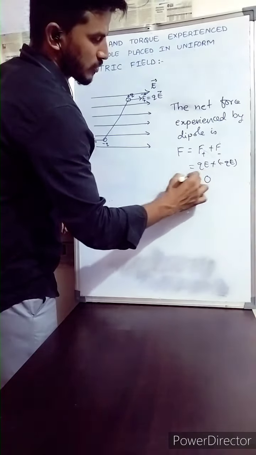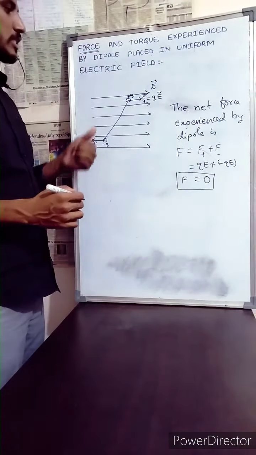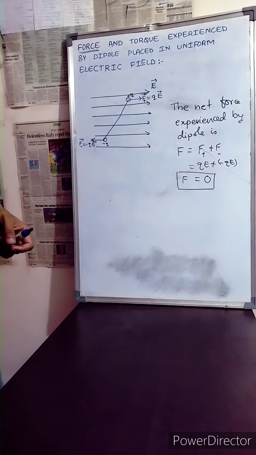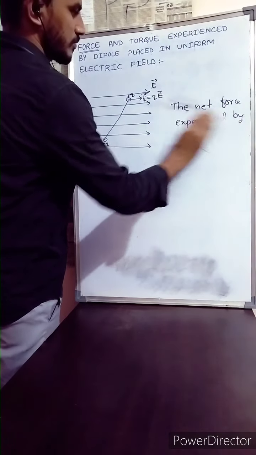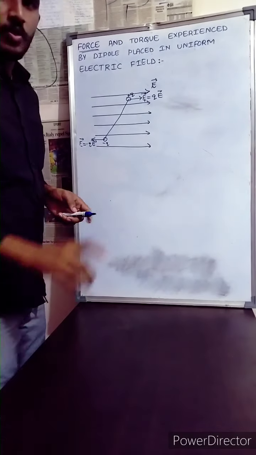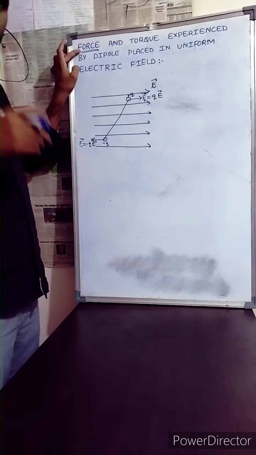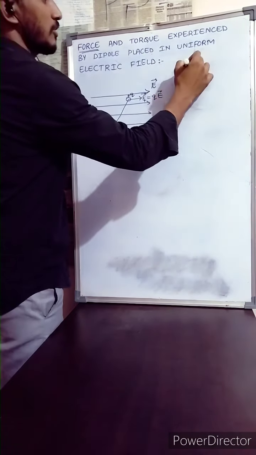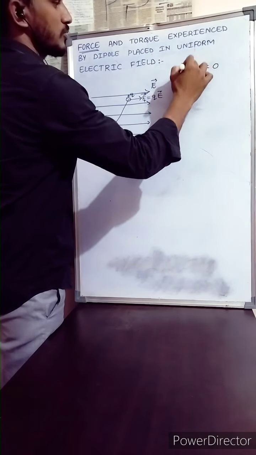So that gives 0. The net force experienced by this dipole is 0. Do you remember that? Okay dear students, we got to know that the net force experienced by a dipole placed in a uniform electric field is 0. So I will write here F net is equal to 0.